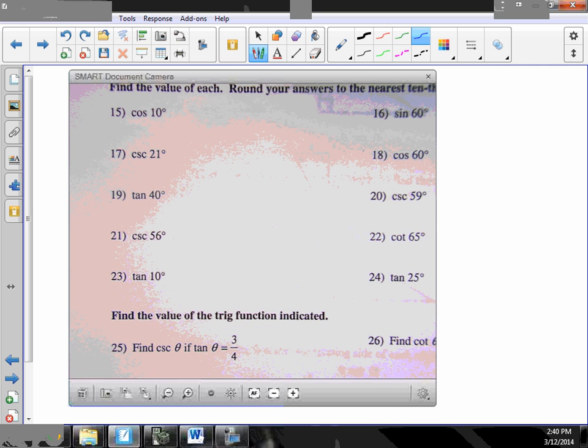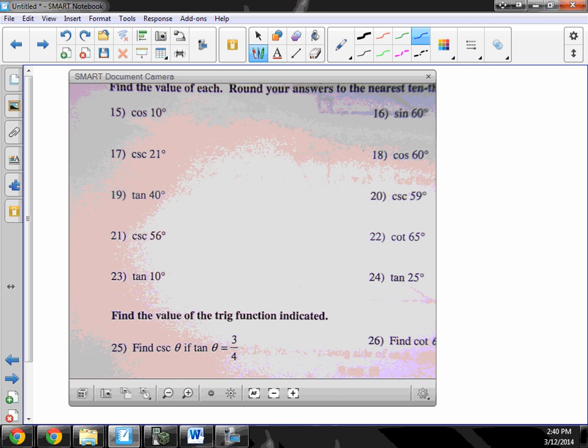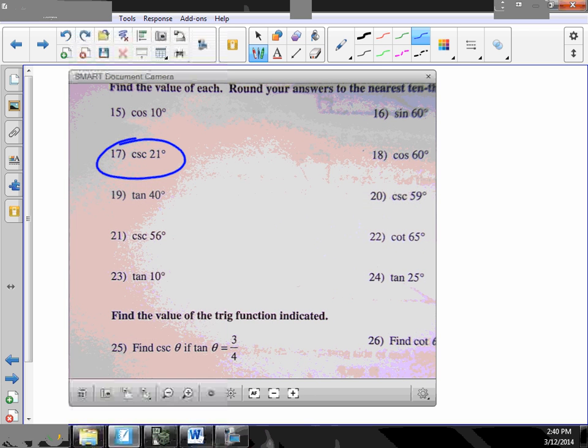Just plug it in your calculator. Cosine of 10, and as long as you're in degrees, it will give you the ratio. But it's a little bit harder to do the cosecant. How do you do the cosecant of 21? 1 divided by the sine of 21. Okay? Oh, sorry. I said cosine. I meant sine.